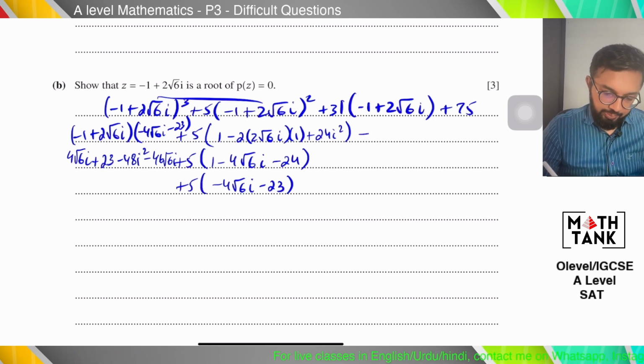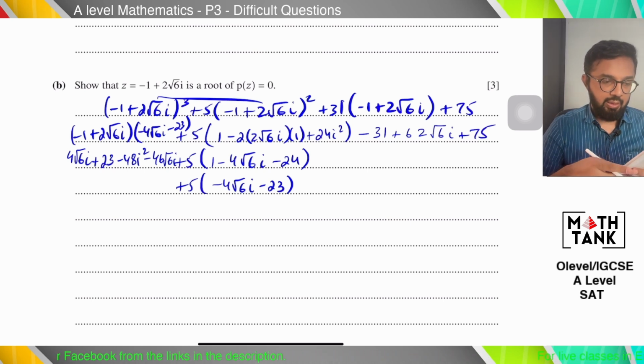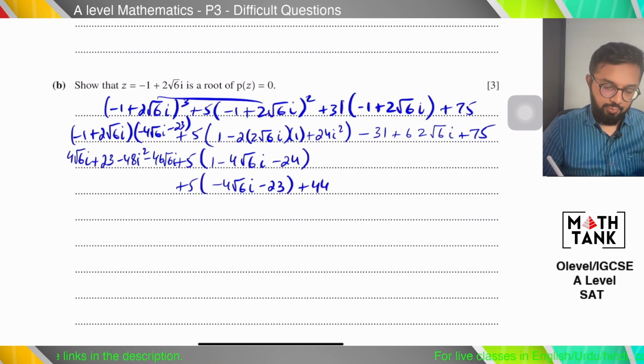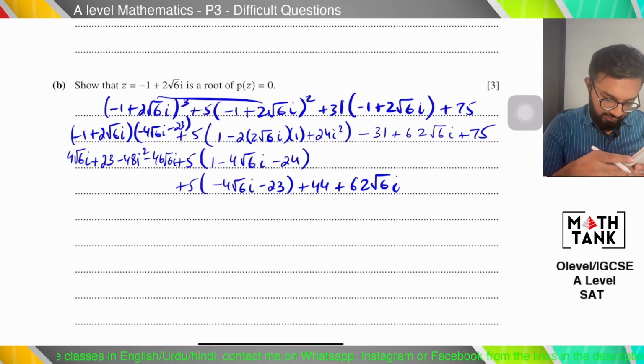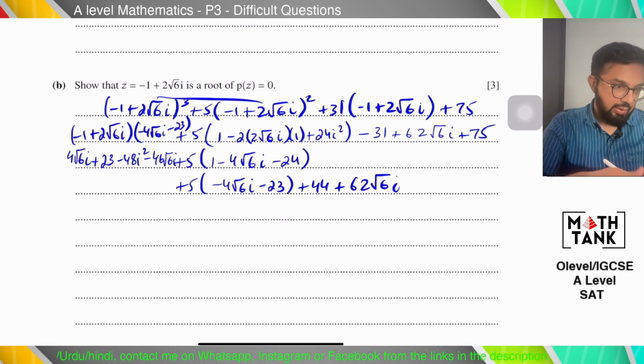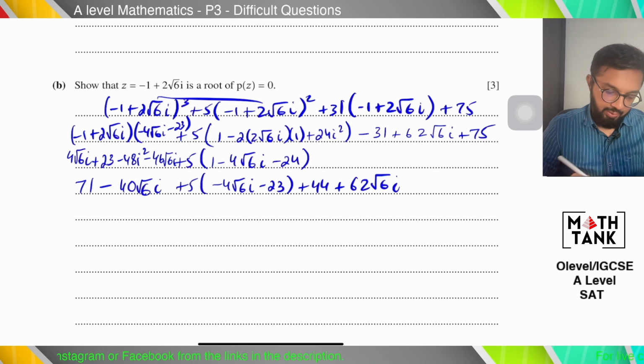Okay, this gives me minus 31 plus 62 root 6i plus 75. 75 minus 31 is 44, so plus 44 plus 62 root 6i. So I have 23 plus 48 from here. So I have 71 minus 40 root 6i.